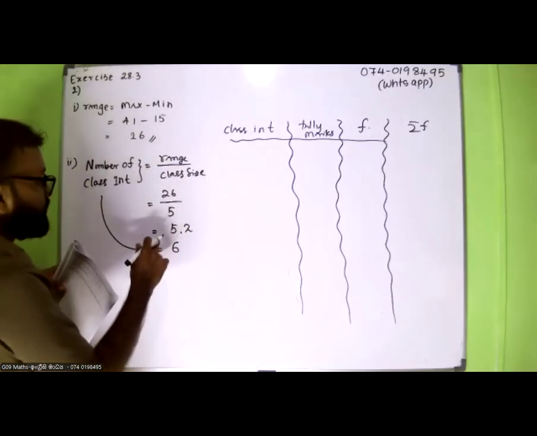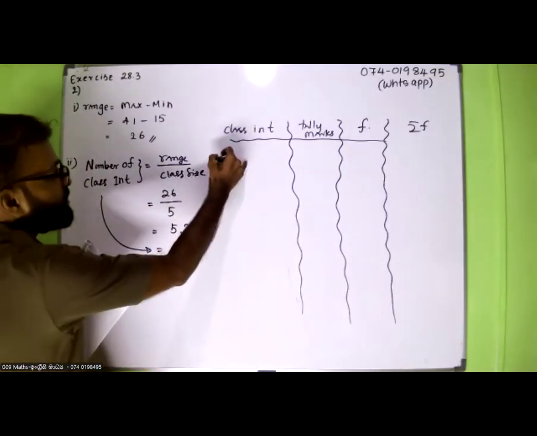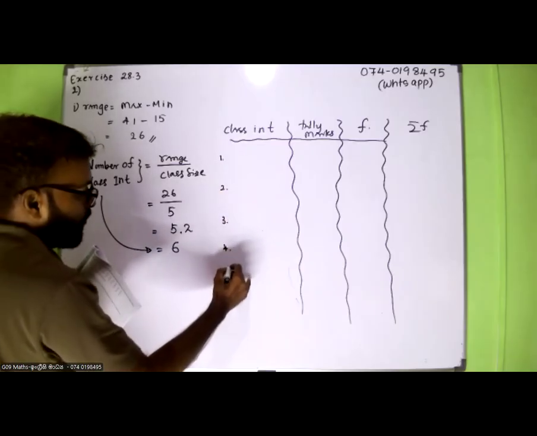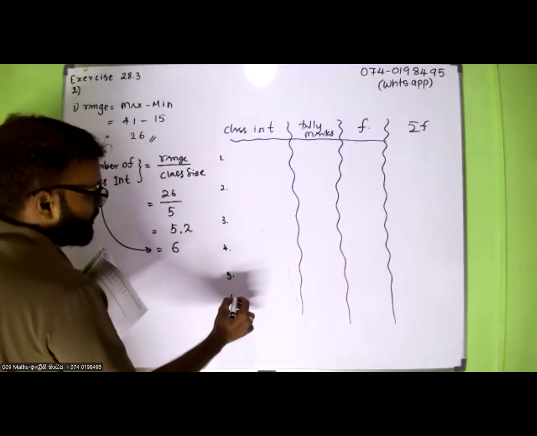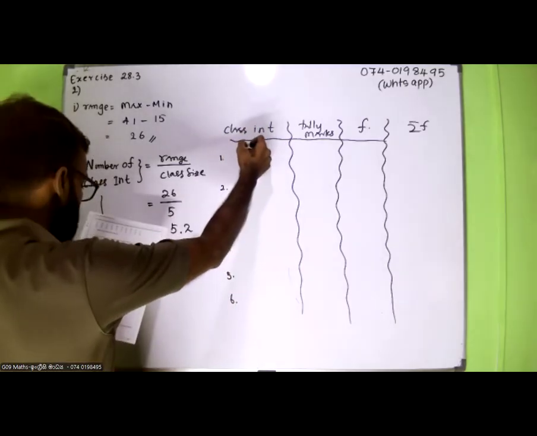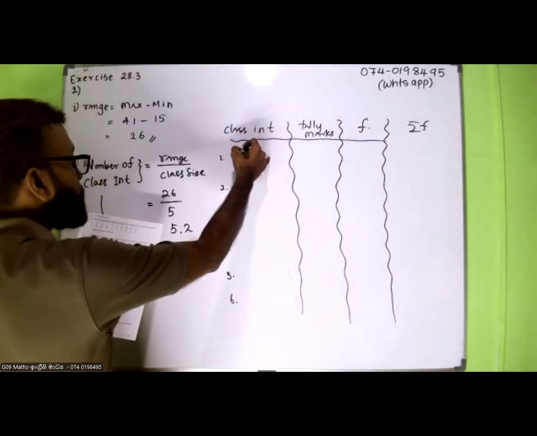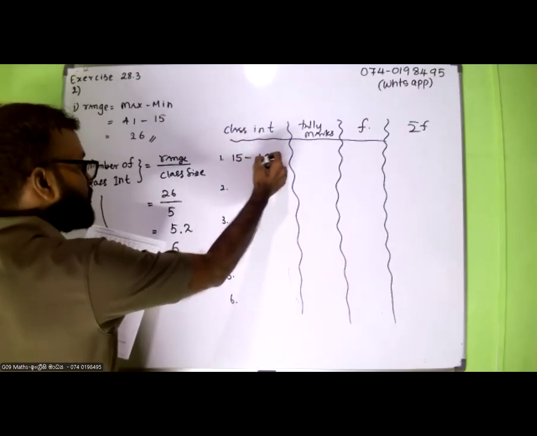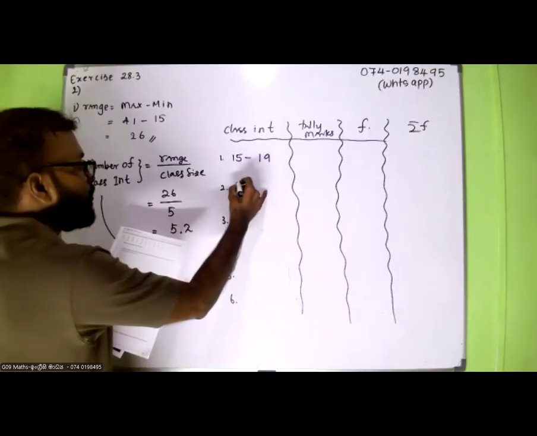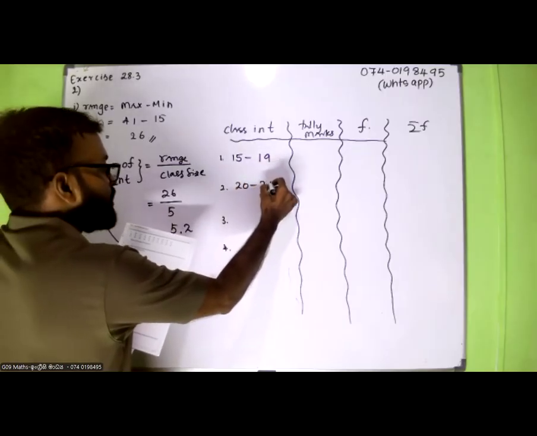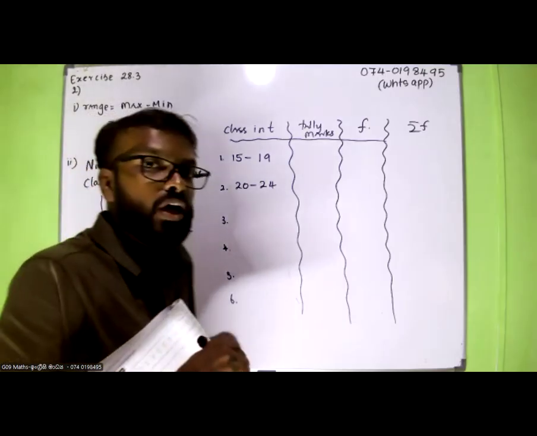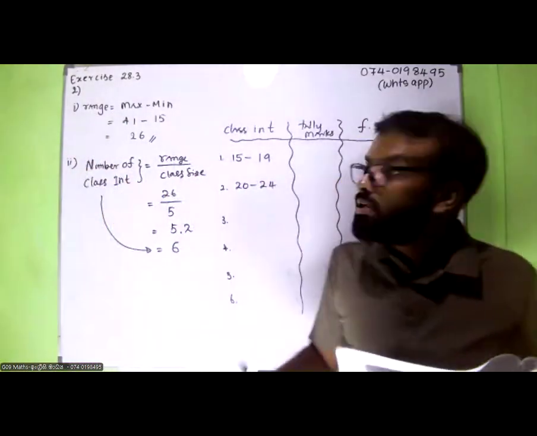How many class intervals should be there? Number of class intervals is 6. 1, 2, 3, 4, 5, and 6. So we have class intervals starting from 15 to 19. They have given this now. Is this a closed interval or open interval? This is an open interval question.